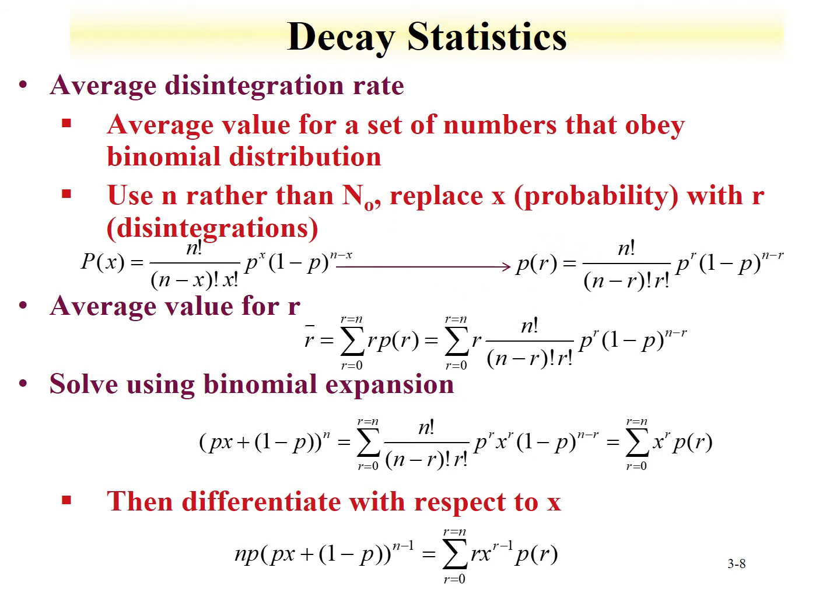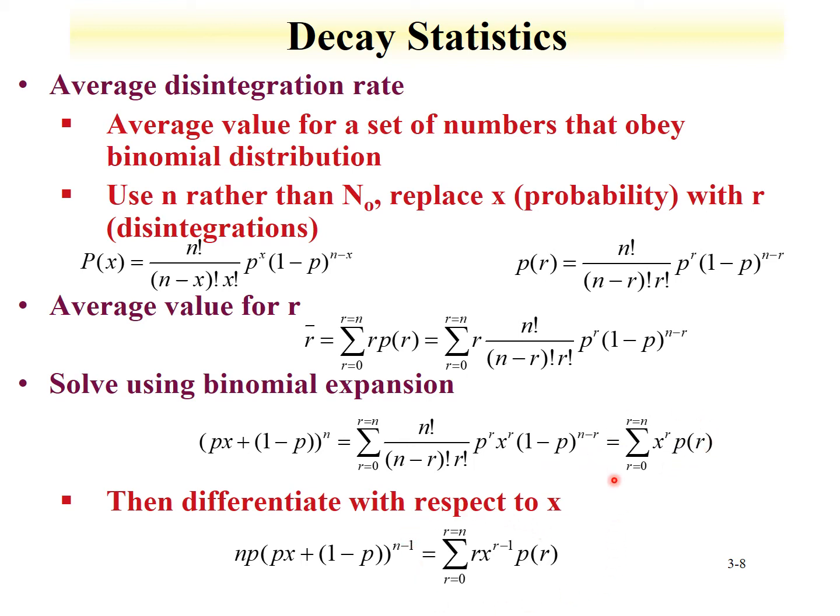So for an average value of disintegrations, we have an average value, which is shown here. We expand upon this equation, which we then show here, and then we solve using a binomial expansion. I'll just present this result. The solved binomial expansion is shown here, and then we differentiate with respect to x, and that value is provided here.